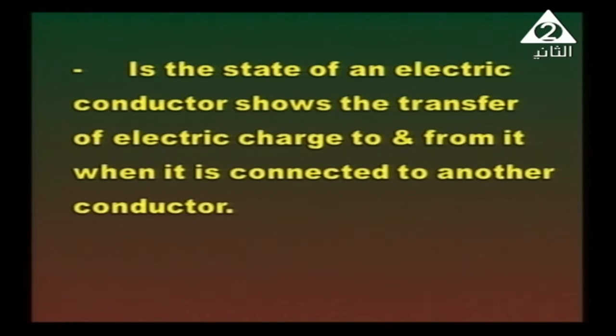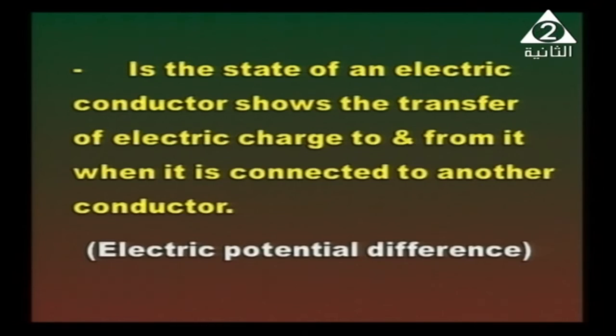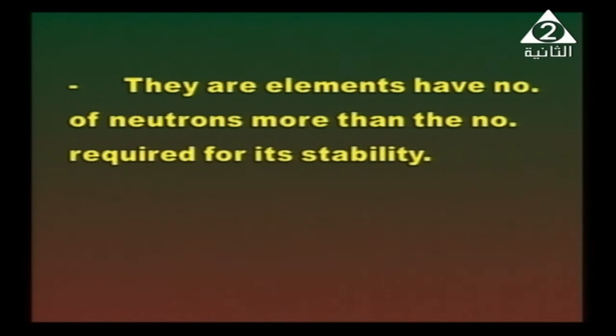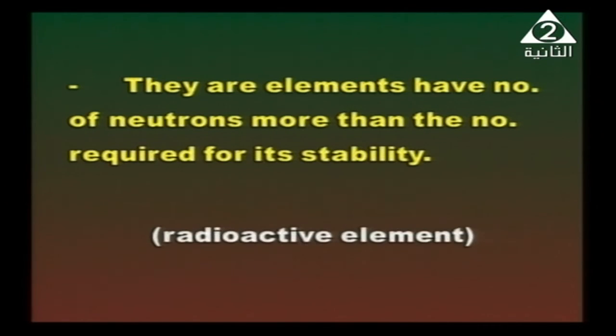This is the electric potential difference. Number three: the elements that have more neutrons than the number required for stability. These are the radioactive or unstable elements.